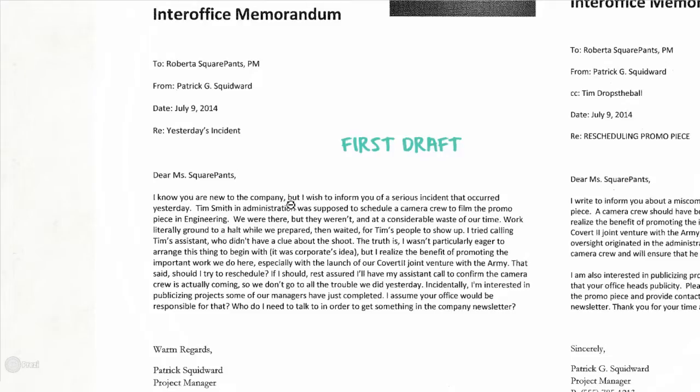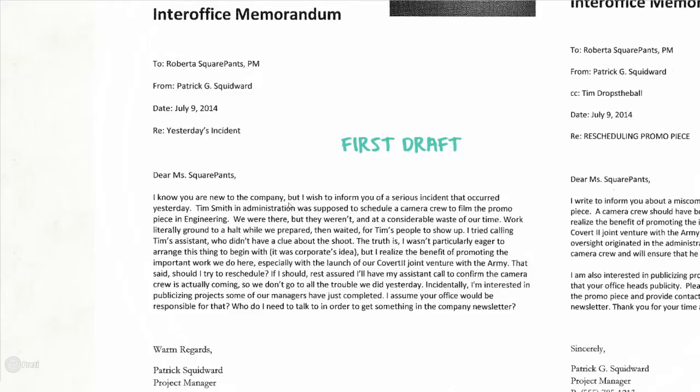And as the reader keeps reading, it's very clear that this writer is angry. We get a clear sense of the emotion coming across in this memo. And as one of the things we read during our first week, it's very important to leave emotions out of professional correspondence.